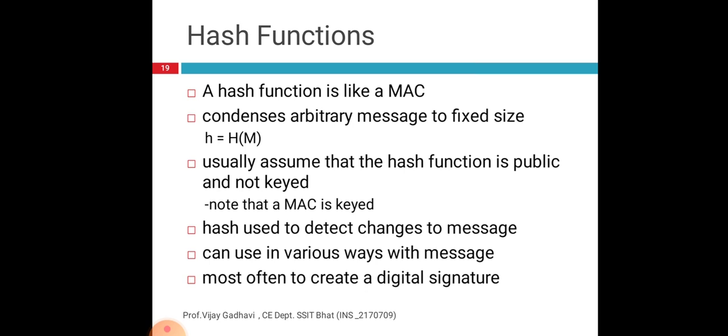This property is referred to as a collision-free hash function. This property makes it very difficult for an attacker to find two input values with the same hash. Also, if a hash function is collision resistant, then it is second pre-image resistant.